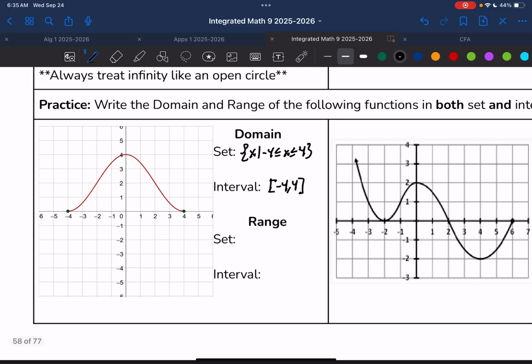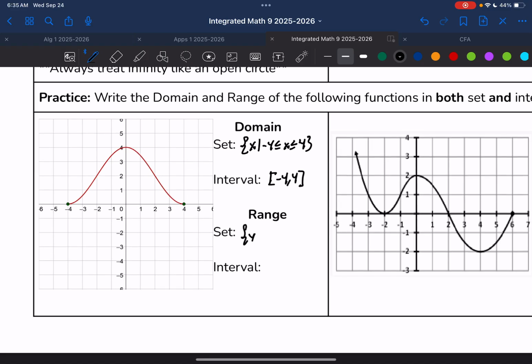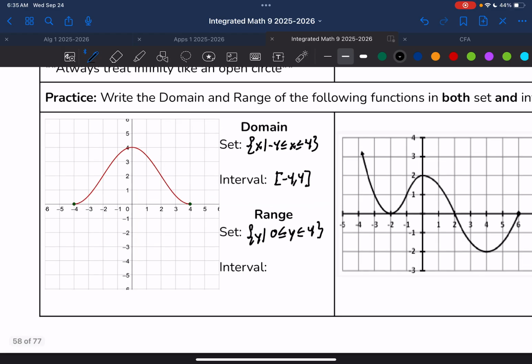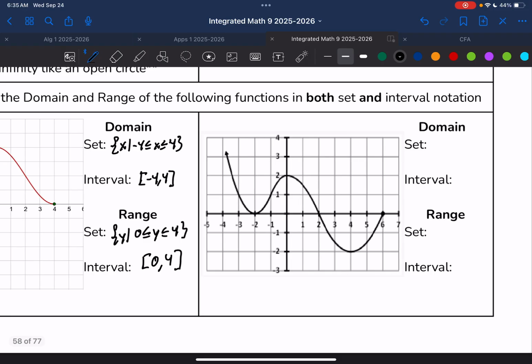And for the range set notation, we're going to have all values y, where 0 is less than or equal to y is less than or equal to 4. And for interval notation, we're going to go bracket 0, 4.